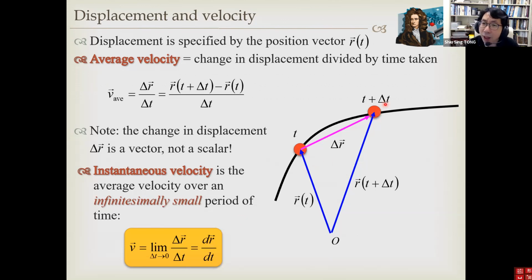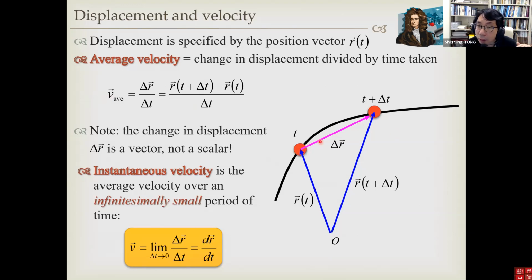Now imagine this black curve is the trajectory of the particle. Imagine delta t to be very small, then this point and this point will be very close together, right? The pink line drawn between these two points is delta r, which is also in the direction of v.